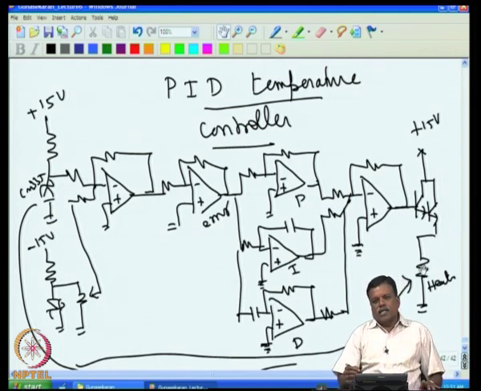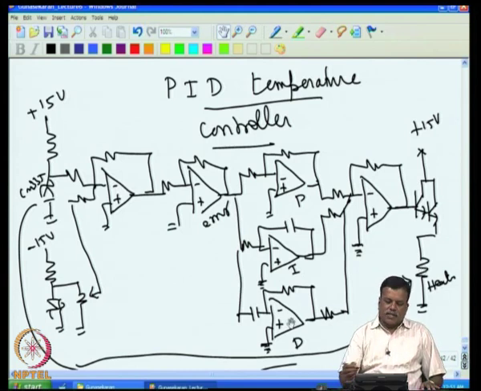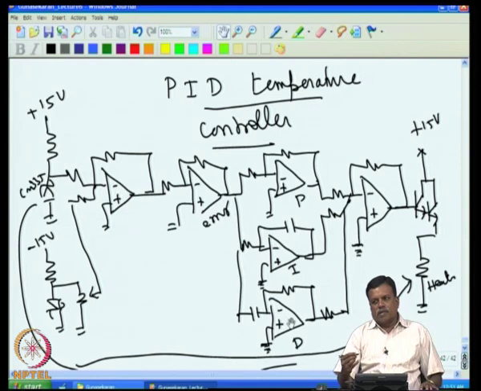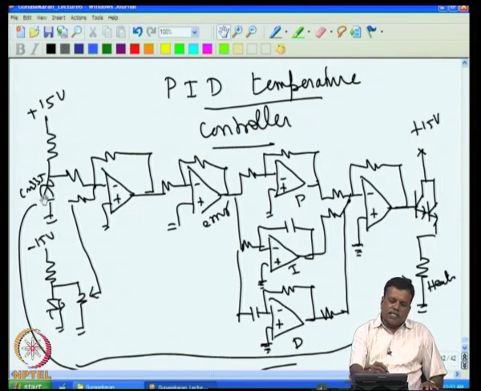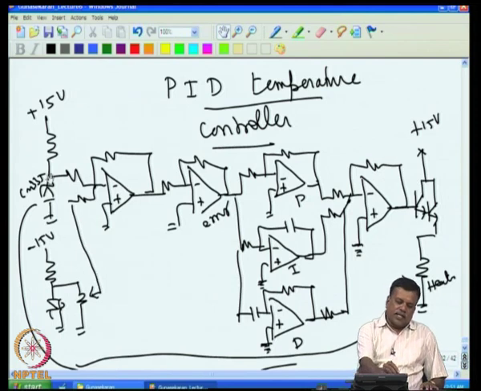Probably for a system like a temperature controller, you do not need a differentiator, but there may be a case where we are controlling a faster system. For example, we are controlling the position of a mechanical system using a motor. In that case, instead of temperature, I will give a voltage corresponding to position here, and then I will get a position feedback, and then probably I will make an arrangement to drive a motor.